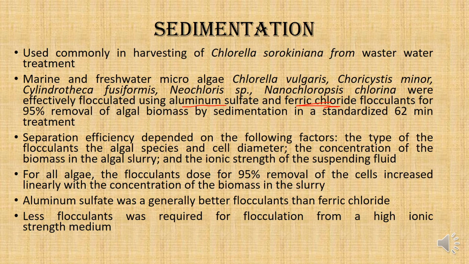And what happens is, these flocculants speed up the process of sedimentation, and 95% biomass can easily be achieved within only 62 minutes. Only 62 minutes is needed in chemical flocculation, and we don't have to wait for four days.